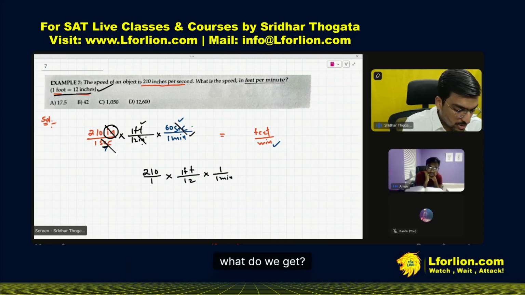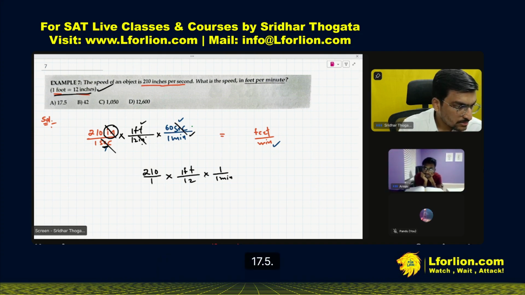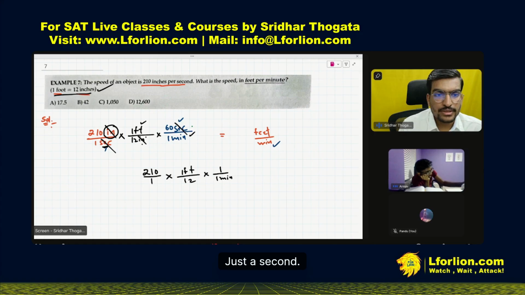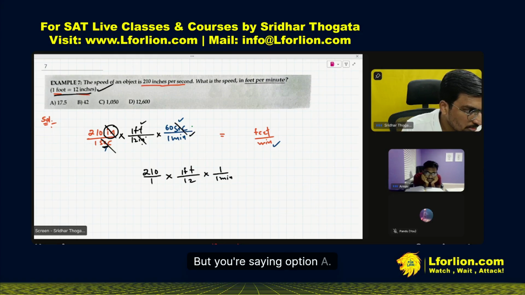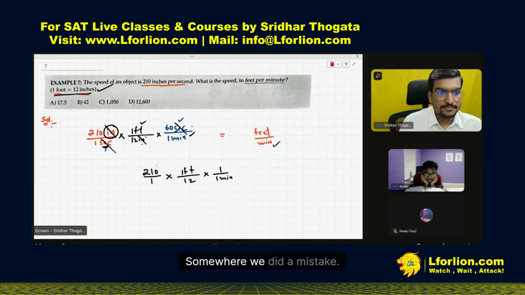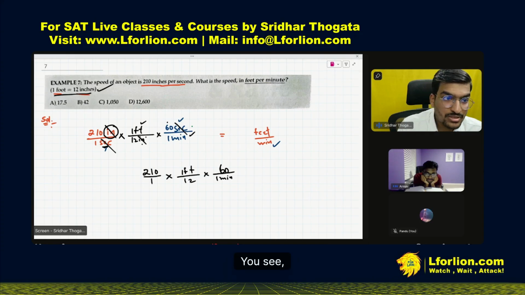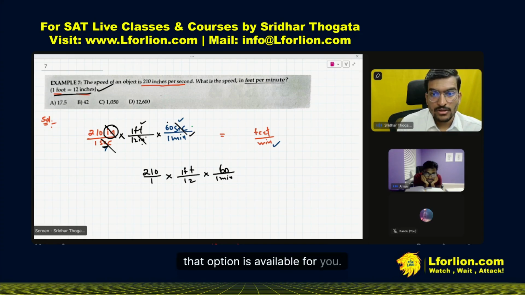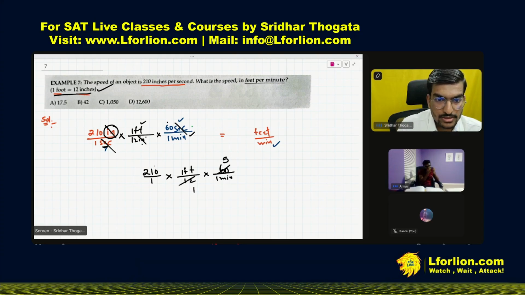On solving this, what do we get? 210 divided by 12 will be how much? 17.5, option A. Just a second. We need to show the answer in feet per minute. It is saying option C, but you're saying option A. Somewhere we made a mistake. I just forgot this 60; it's not 1. Even if you forgot the 60, that option is available for you, so we need to be careful when multiplying. 210 into 5 is 1050.